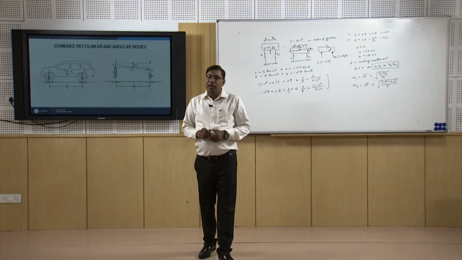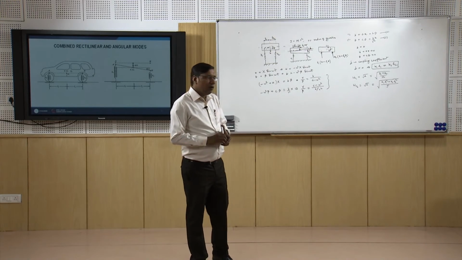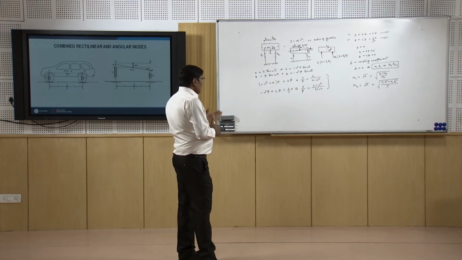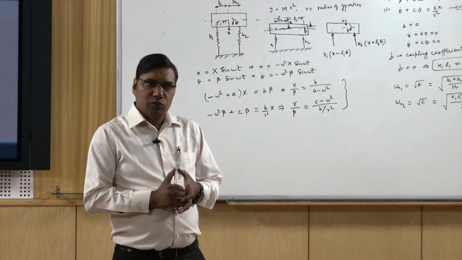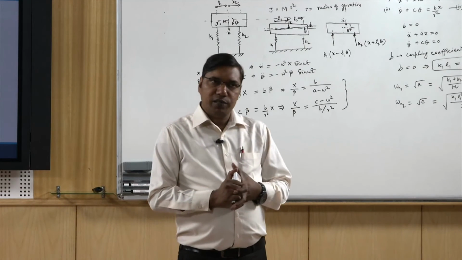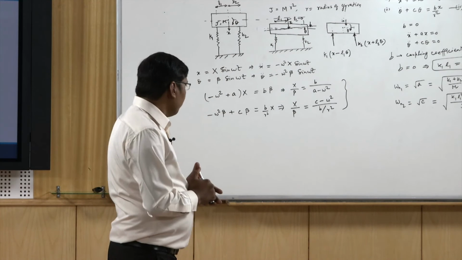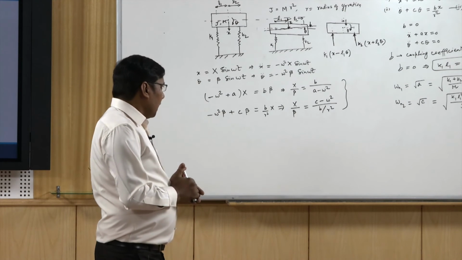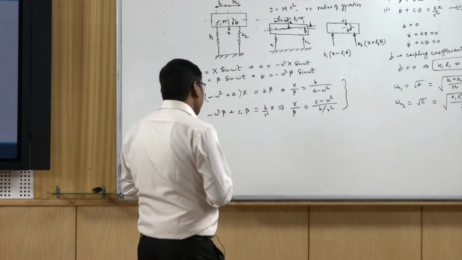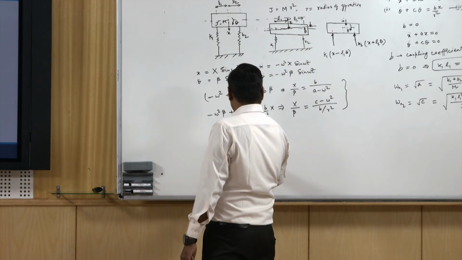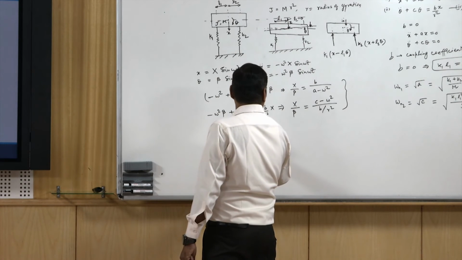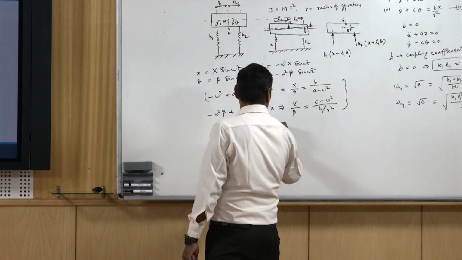So we are getting the ratio of the amplitudes of the two motions, two different degree of freedom motions, and they should be same. So we equate them. So b by a minus omega square equal to c minus omega square by b by r square.